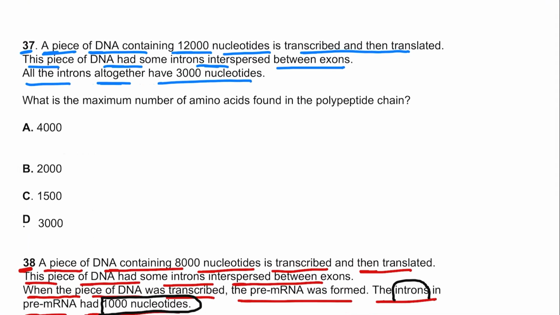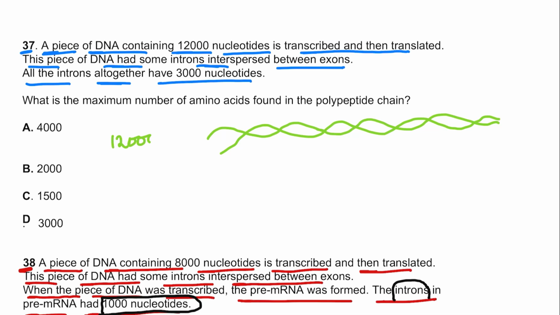They say that the piece of DNA has 12,000 nucleotides. And this DNA has introns and exons.